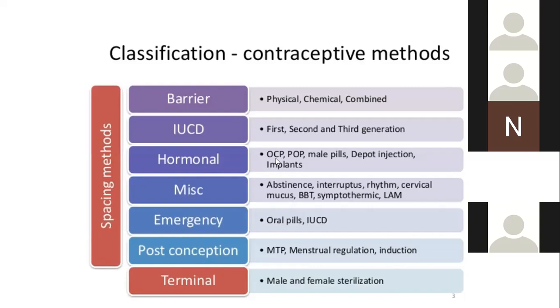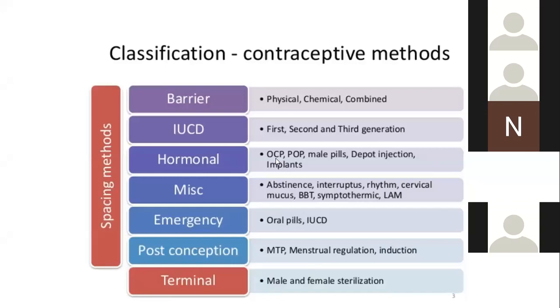The progesterone only pill can be used in women who are breastfeeding, and many of the ones that cannot use the combined oral contraceptives can actually use the progesterone only pills. But the progesterone only pills have to be taken at the same time every day, and they may suffer from withdrawal bleeding.